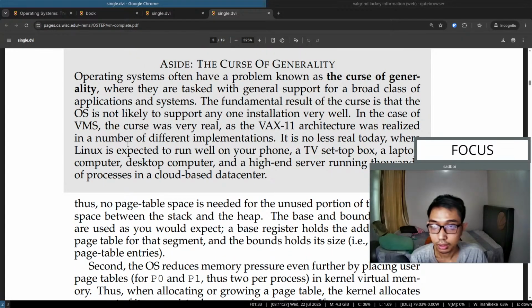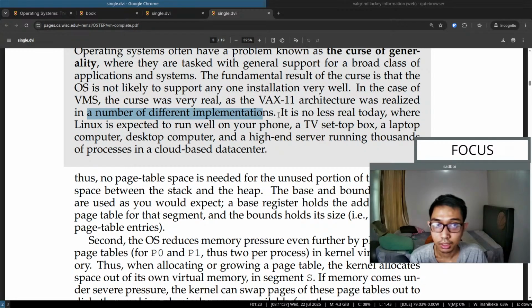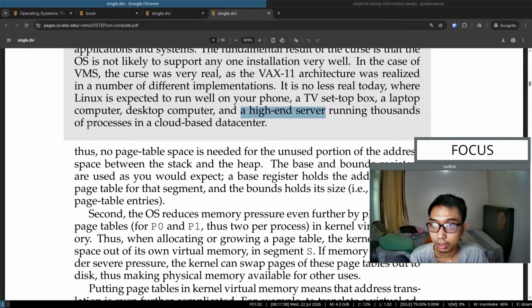It is no less real today, where Linux is expected to run well on your phone, a TV set-top box, a laptop computer, a desktop computer, and a high-end server running thousands of processes in a cloud-based data center.